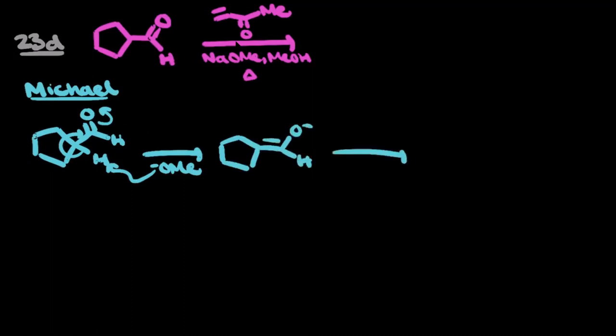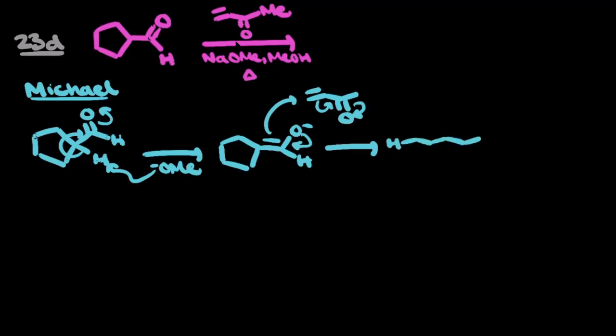Then the next step is to add your alpha beta unsaturated carbonyl, which ends up giving you a product that looks like this, a very diagnostic 1,5 dicarbonyl-like product.